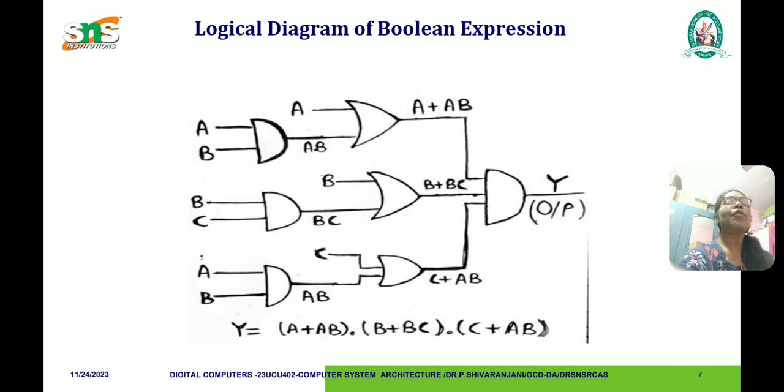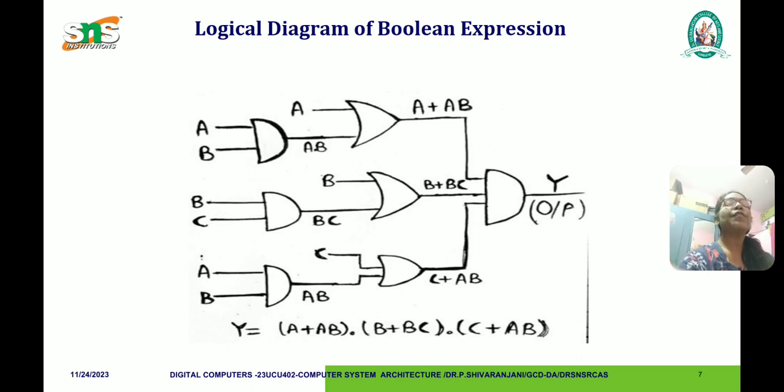Similarly for B plus BC we have used an AND gate for B and C, and the value of BC is placed with the OR gate. So B plus BC, and similarly C plus AB.